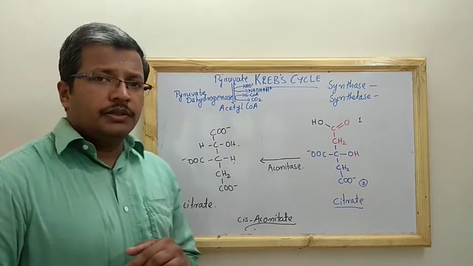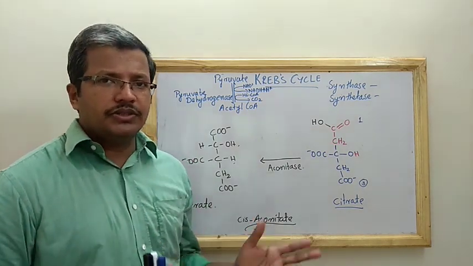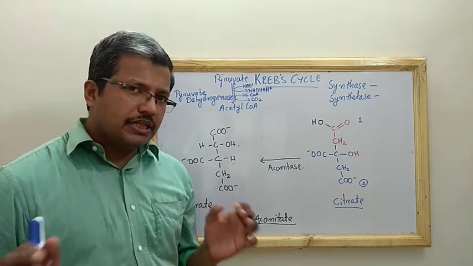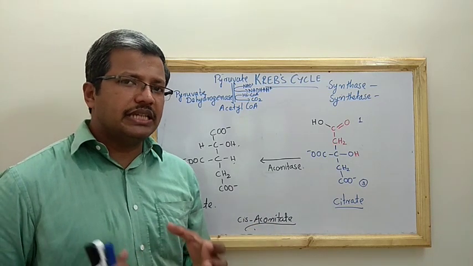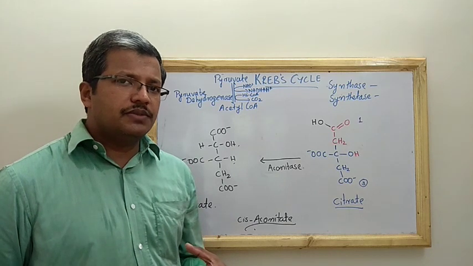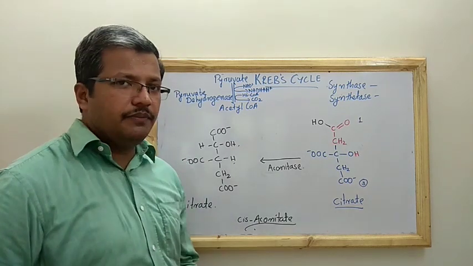So that's about the second step of Krebs cycle. Citrate is isomerized to isocitrate, catalyzed by the enzyme aconitase. The name of the enzyme comes from the intermediate compound cis-aconitate, which is the product formed by the removal of water from the citrate.